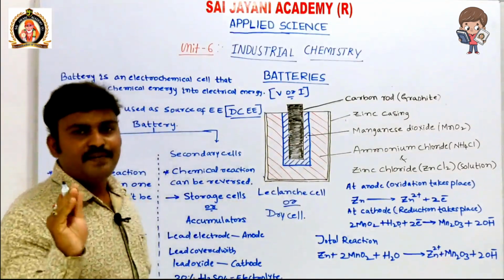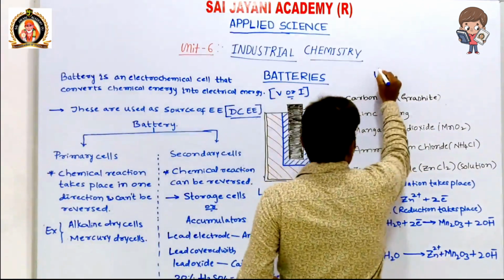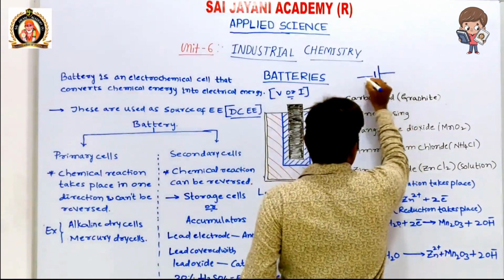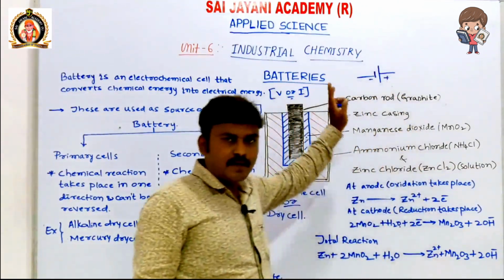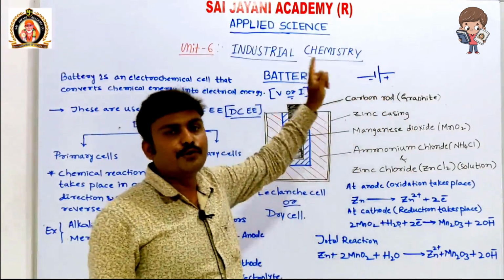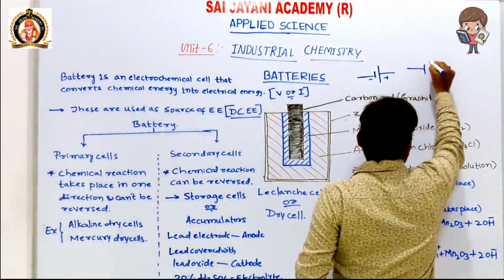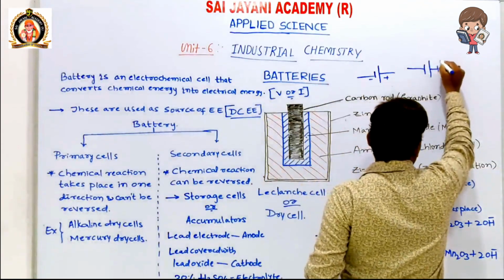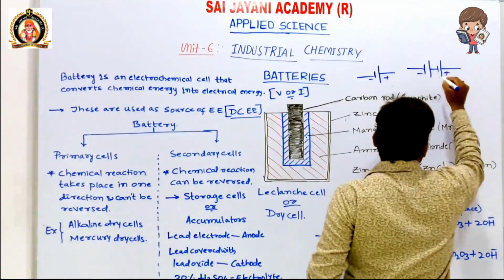Okay. There is a difference between a cell and a battery. So what is a cell? A cell is a single unit of electrical source. So this can be considered as a cell. This is a single unit of electrical source. But a battery is a combination of these cells, either connected in series or connected in parallel. So this can be considered as a battery.